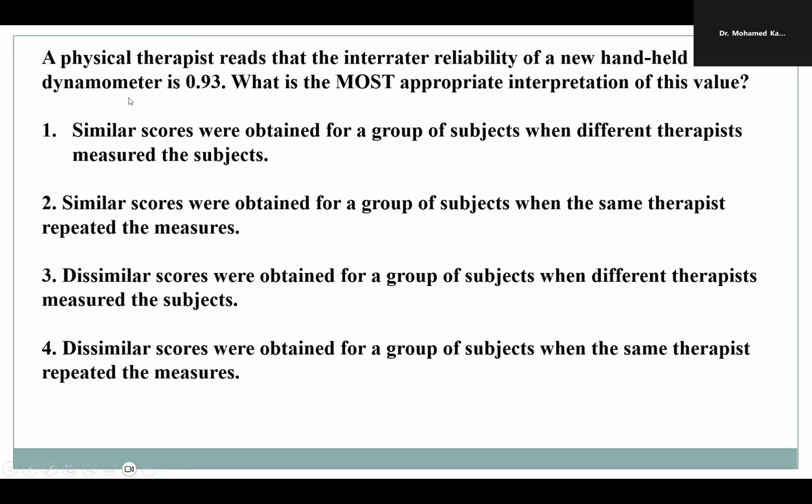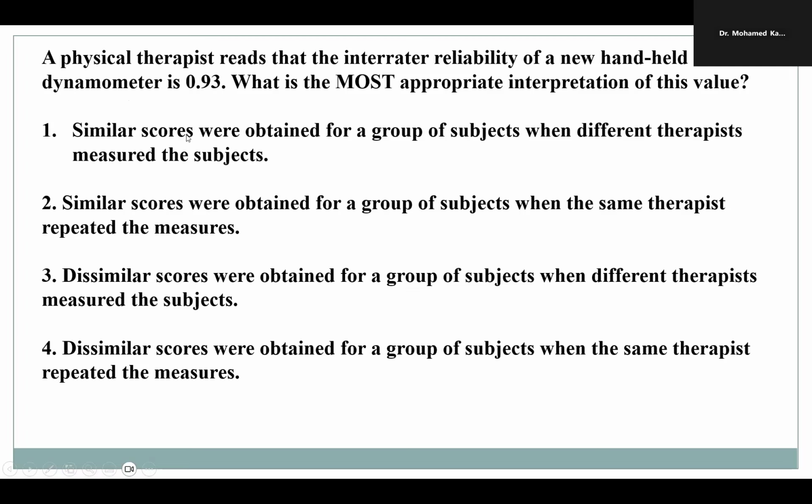And the number which we have got for this experiment was 0.93. What does this number mean?